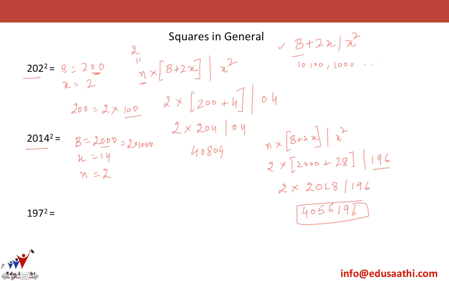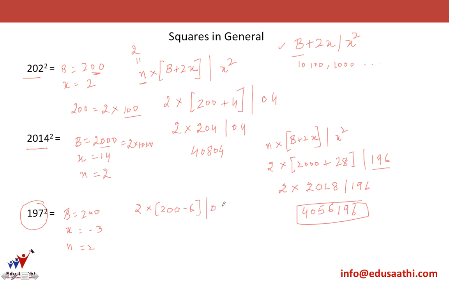Let's try finding out the square of 197. Again here the base will be 200, x will be minus 3, and n will be 2. So the answer is going to be 2, which is n, multiplied by the base 200 minus 2x, which is 6, slash 3 square, which is 9.